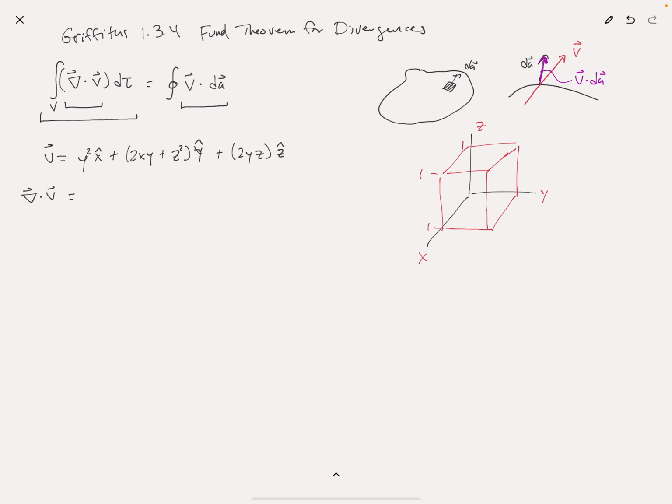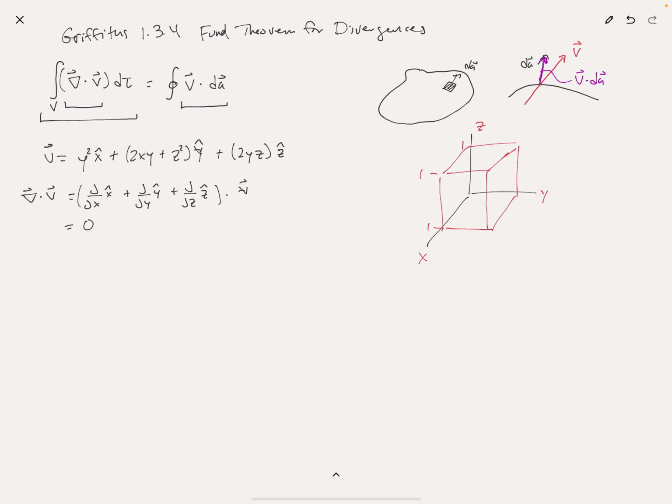So I have dx in the x hat plus dy in the y hat plus dz in the z hat, dotted with this v vector. The partial of y squared with respect to x is 0, so there's nothing coming from the x hat direction.